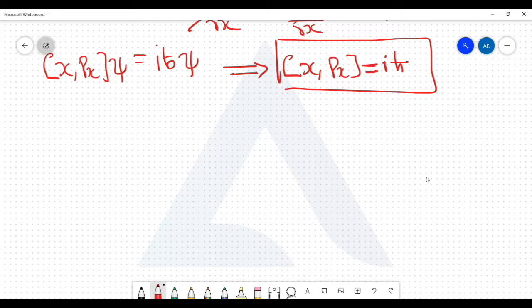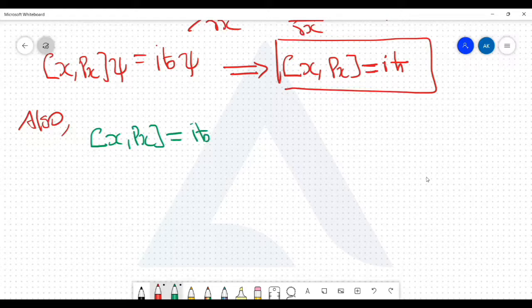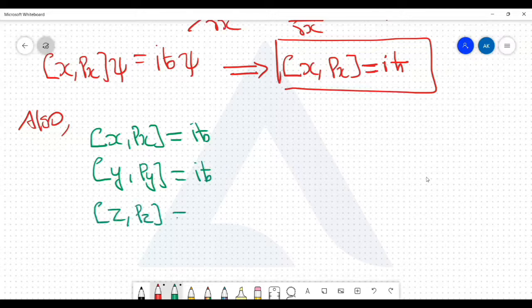Now let me introduce the other results also. We have [x,px] equal to iħ. Similarly, [y,py] equals iħ and [z,pz] equals iħ. All other combinations are 0.